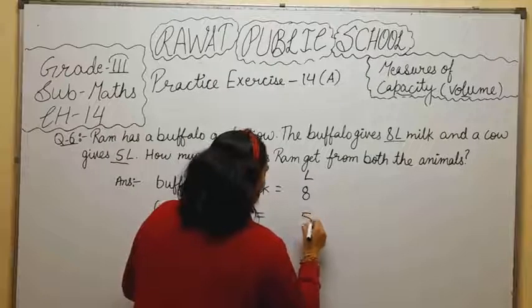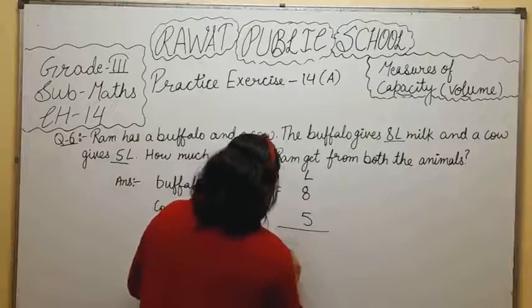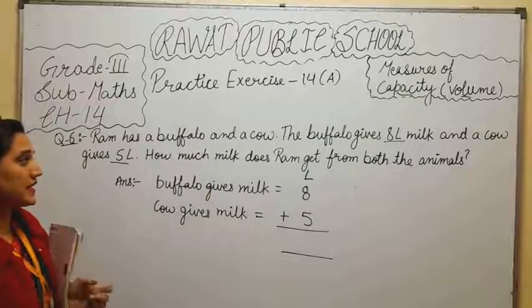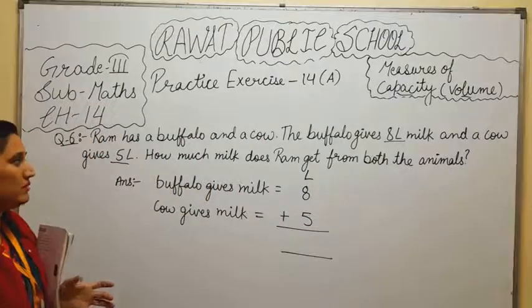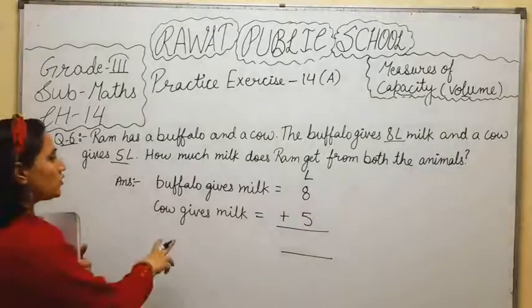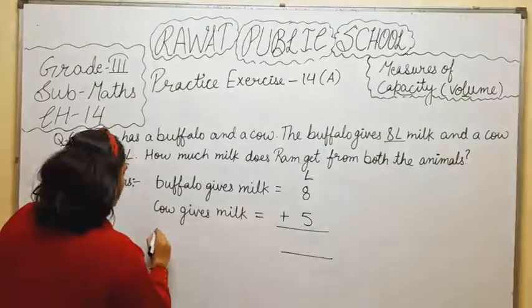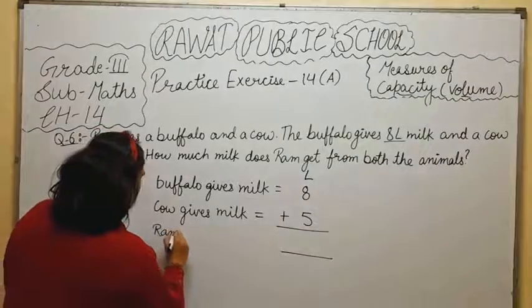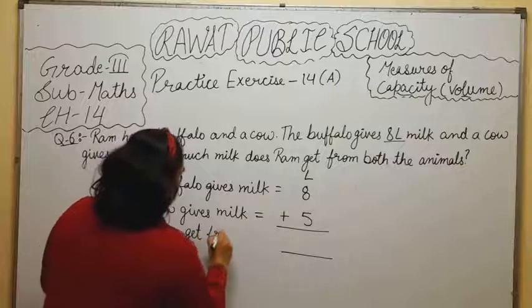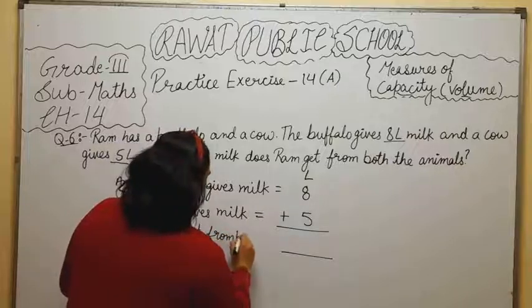So we'll write 5 here. Now what we have to do? We have to solve it. Here he is asking about both the animals. So he is asking for the total answer. So we'll write here Ram gets from both.